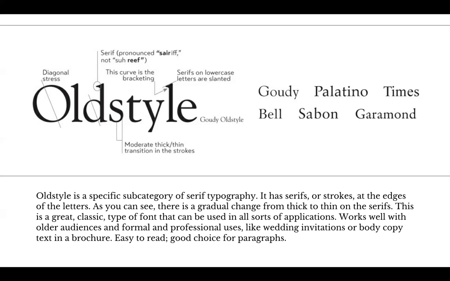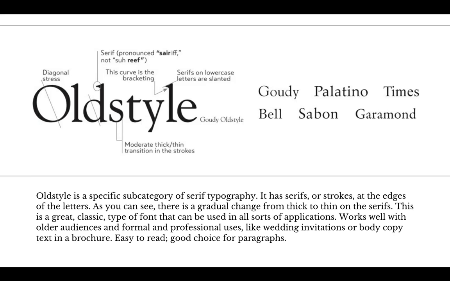As you can see, there is a gradual change from thick to thin on the serifs. This is a great classic type of font that can be used in all sorts of applications. However, it's especially used well with older audiences and formal and professional uses, like wedding invitations, for example.